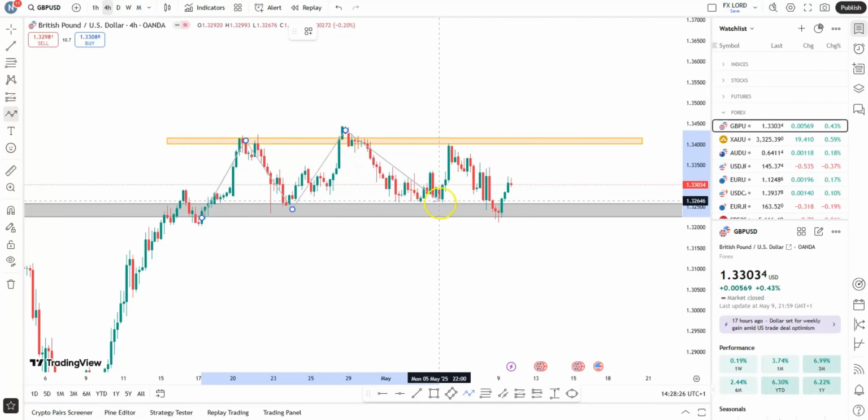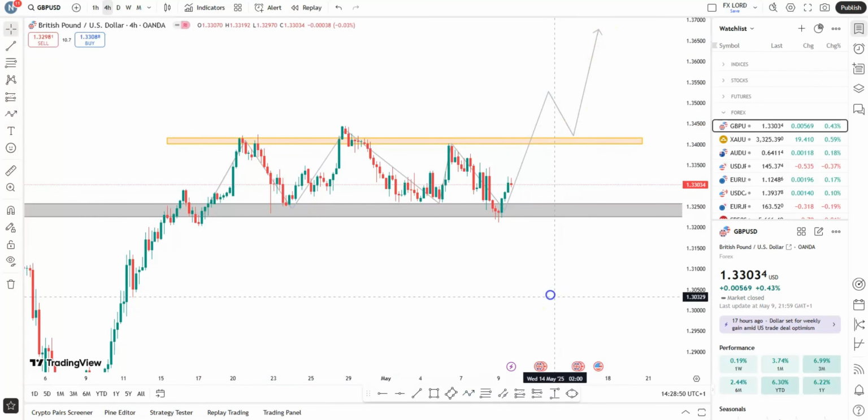It fell back and came in here. And right now, this is GBP USD struggling inside here and not breaking out. So I'm expecting GBP USD to gain momentum to get a breakout as soon as possible.